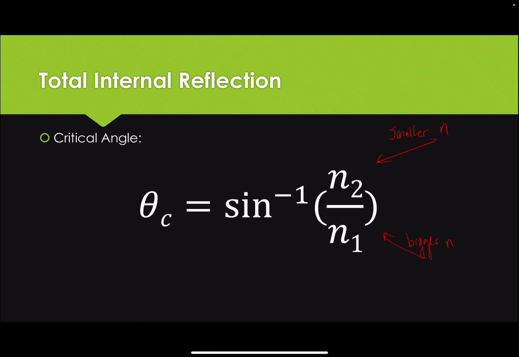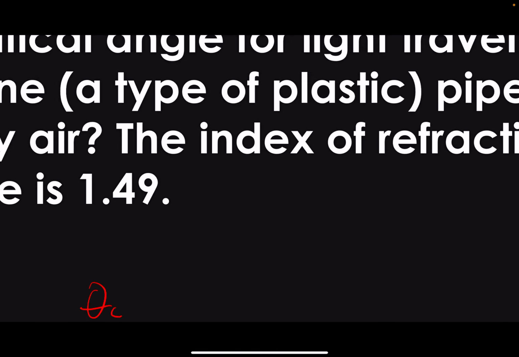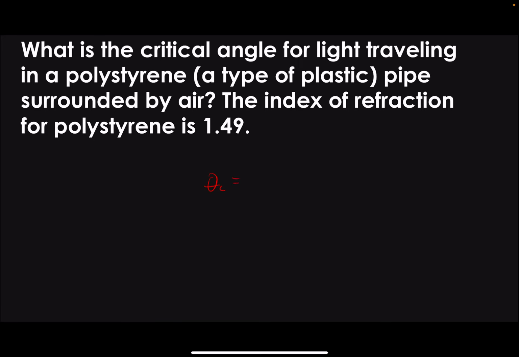I'll show you what I mean on this next slide. So let's calculate the critical angle. Let's say we have polystyrene, a type of plastic, surrounded by air. If the index of refraction is 1.49, let's figure out what the critical angle is. So critical angle is equal to inverse sine of n2 over n1. n2 is generally the material we are entering.